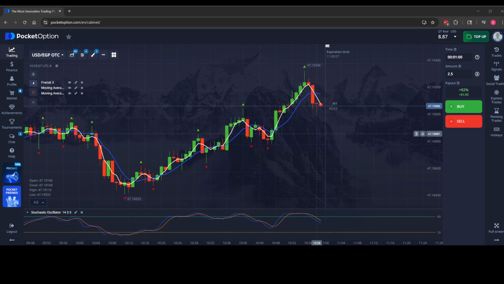I hesitated on that one because notice how it rejected from here, this little wick here, this thin one, that means it rejected it. So there's a high chance that it's going to move upwards, and I didn't want to take a downtrend, so I'll trade on that one.